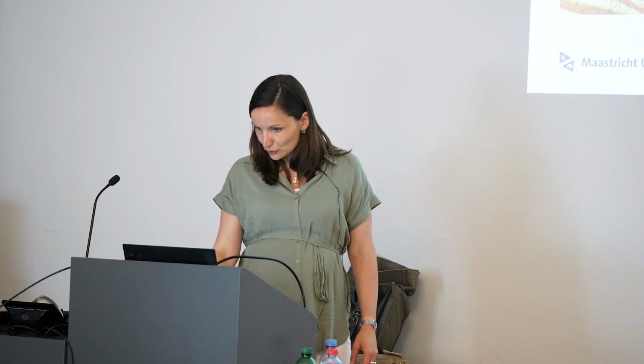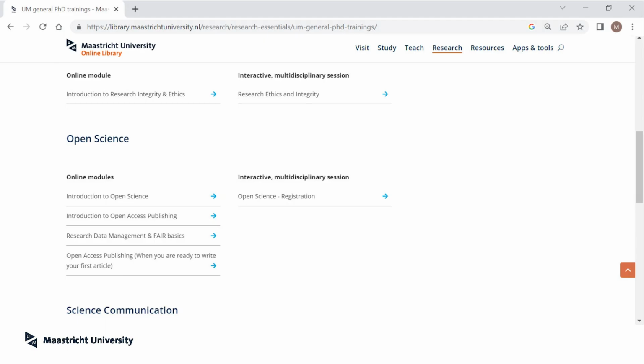And then I would like to zoom in on a specific example for open science and education, because I was telling you what we are planning to do, but there's one thing that we have already done in terms of embedding open science in education, and that is in our education for all our PhD students, because they are following these basic courses in their first year on research integrity and ethics, on open science, and on science communication.